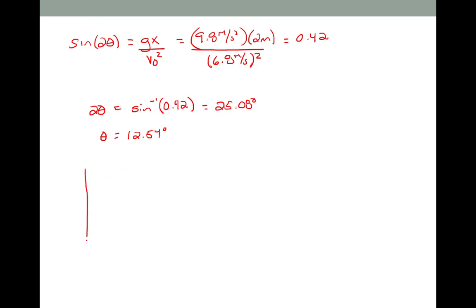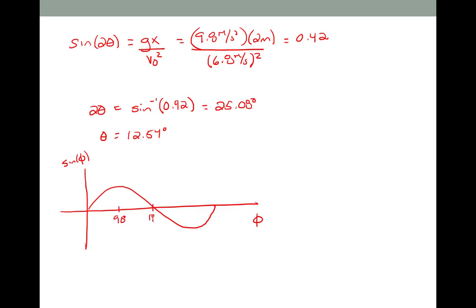If you think graphically of sine of an angle, I don't want to use theta in this case, plotted as a function of that angle. It starts at 0, goes up, comes down, goes up, and this would be the 90-degree mark.